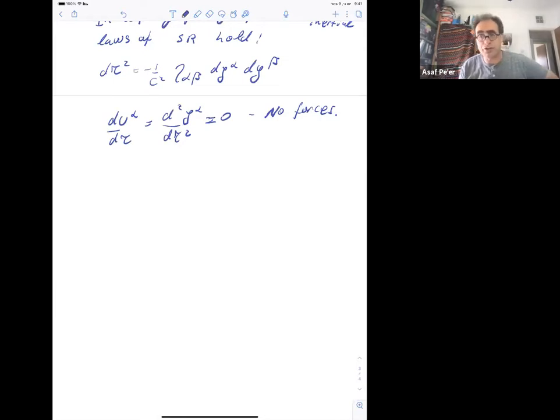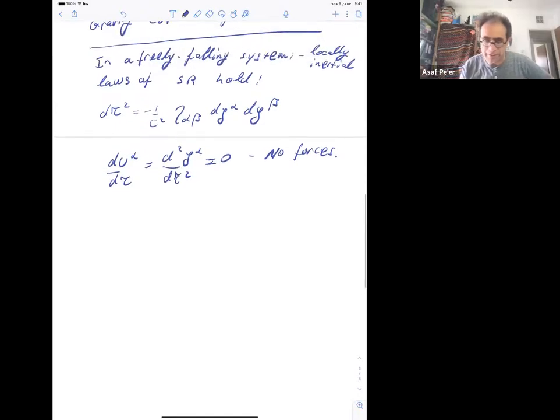We just have to change coordinates to coordinates which are no longer inertial, no longer freely falling, but some arbitrary coordinates.